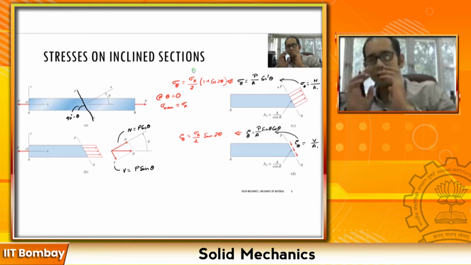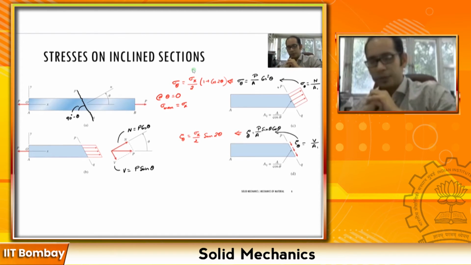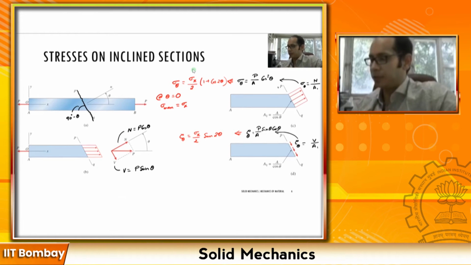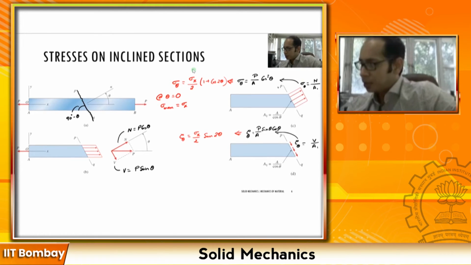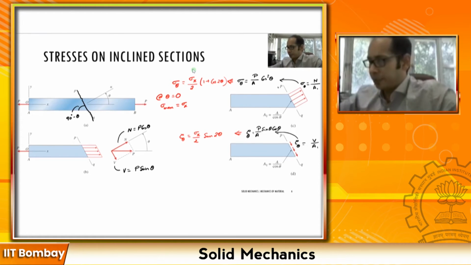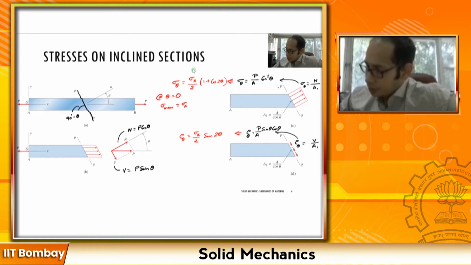Now that I have this formula for tau of theta, along which section does this become maximum? The maximum value of sine is 1, so that means 2 theta must be equal to pi over 2. So that means theta becomes pi over 4, that is at a 45-degree angle. So here it is 0 degree.